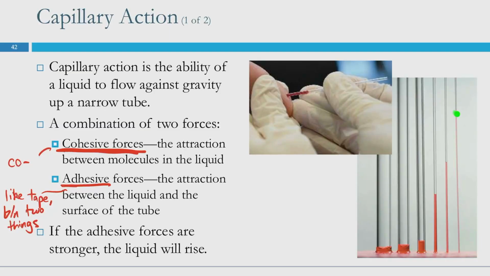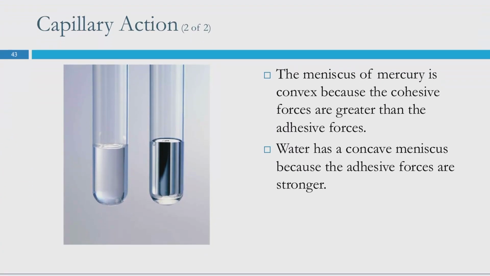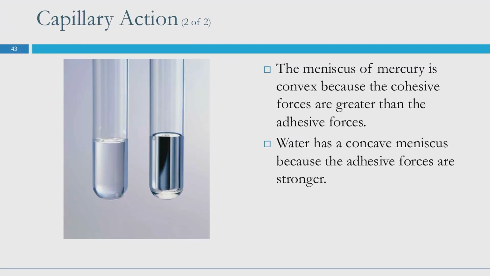As the capillary tube gets smaller, the water level rises more. The meniscus, that shape, that curve of the water, is concave because the adhesive forces are stronger. It will climb.